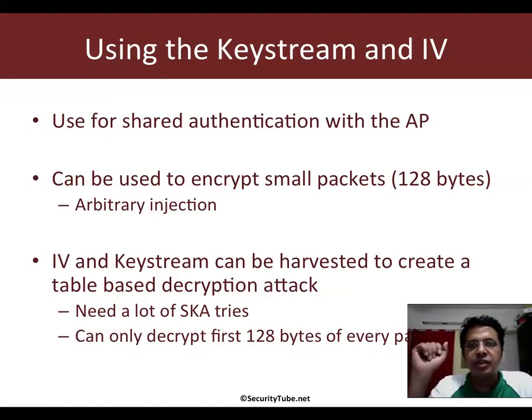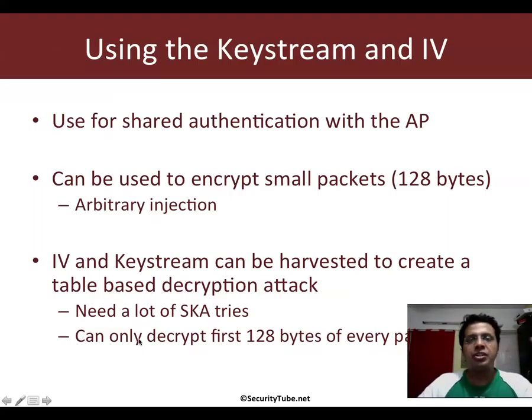You'll notice when we study WEP that if we have the initialization vector and the key stream derived for that particular initialization vector and the real WEP key, then using that we can encrypt any packet. Of course, the maximum size is 128 bytes because that is the size of the key stream we have retrieved. What this means is we can inject arbitrary packets up to a maximum size of 128 bytes without knowing the WEP key. Most important thing, we still don't know the WEP key, but we are still able to inject.